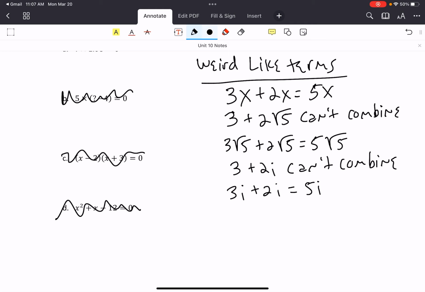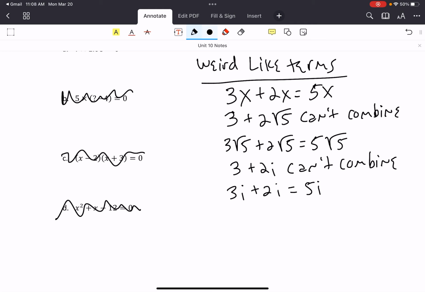Just like terms deal with variables, so are rationals and so are i's. Does anyone have any questions on the like terms?